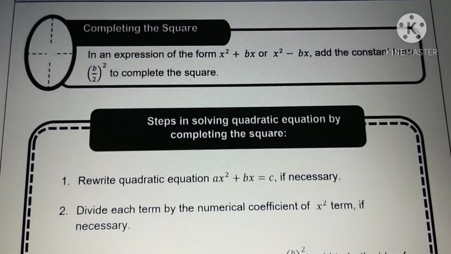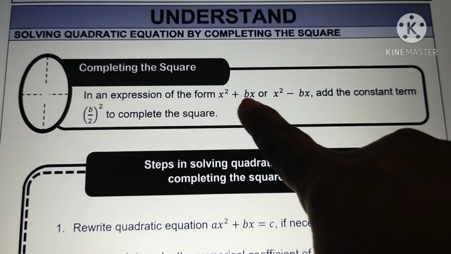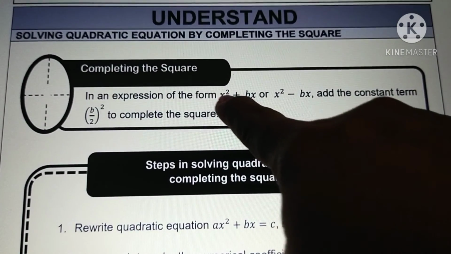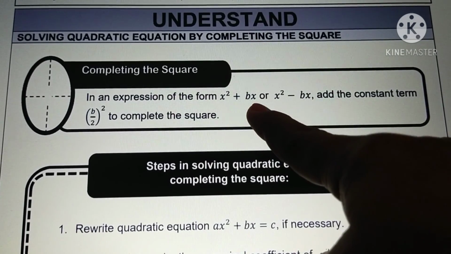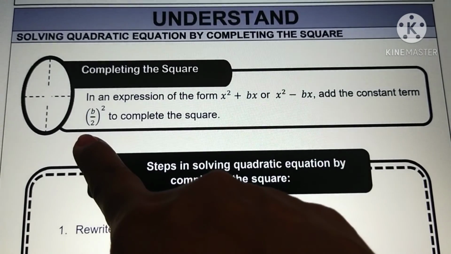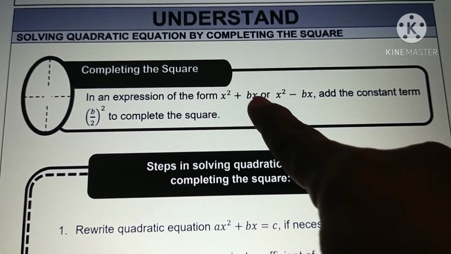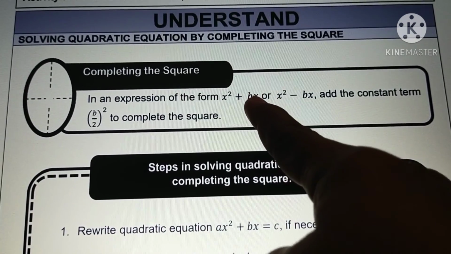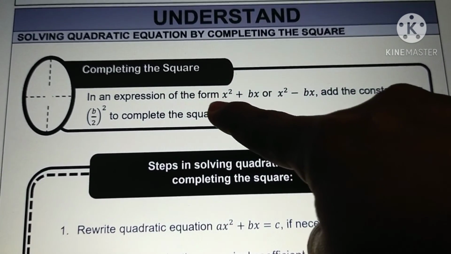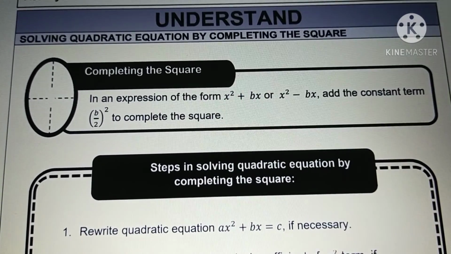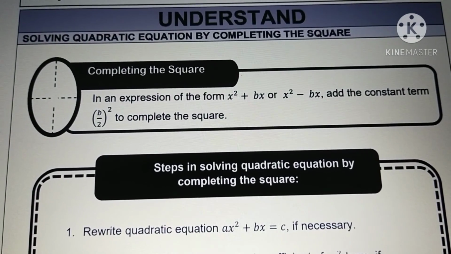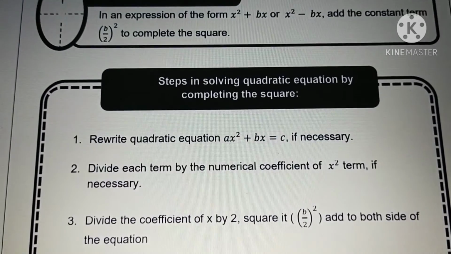Going back, by the way. Okay, if we're going to complete this one using completing the square, using this formula, we will add this as the constant here, and this expression will become a perfect square trinomial. Okay, so the steps.